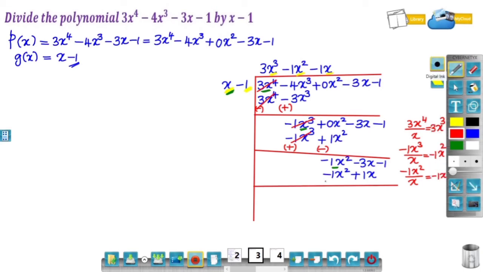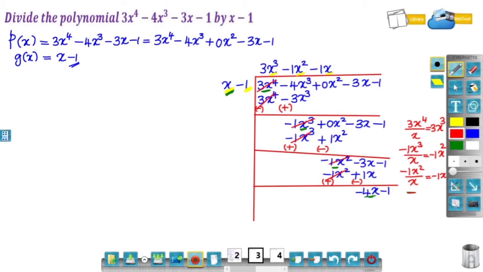While subtracting, remember, change the sign. Minus 1x square becomes plus 1x square, plus 1x becomes minus 1x. Minus 1x square plus 1x square is 0. Minus 3x minus 1x is minus 4x, minus 1.